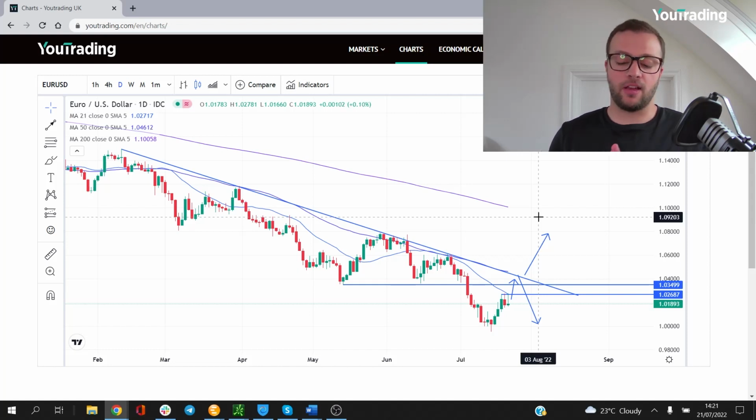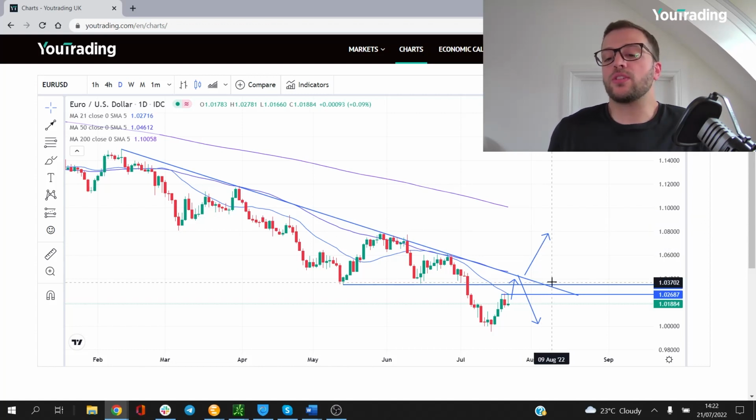That could be on things like really good earnings, and you could also get more evidence coming out that inflation in the US has peaked and is coming down, and then that could lead to lower US bond yields and markets expecting a less aggressive Fed. But the thing is, I think it's too soon to bet on this.